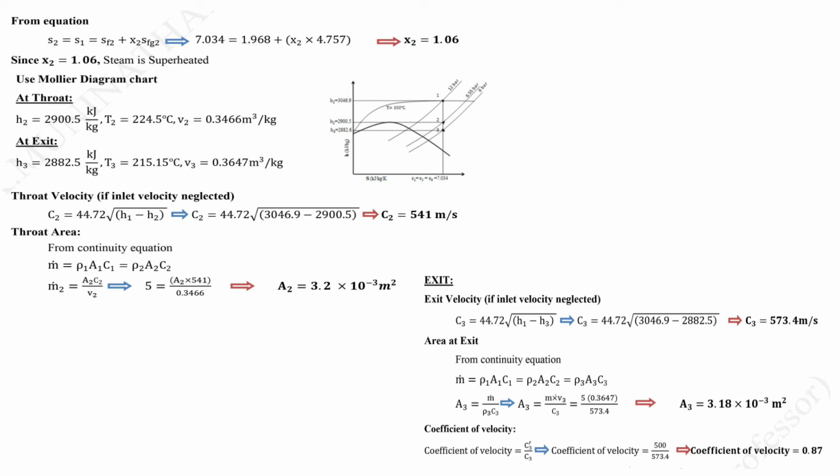From that we can calculate the C3 velocity at the exit, and the area at exit from the continuity equation: mass flow rate is equal to rho 1 A1 C1, rho 2 A2 C2, rho 3 A3 C3. From that we can calculate the A3 value, and then the coefficient of velocity is calculated as C3 dash divided by C3.